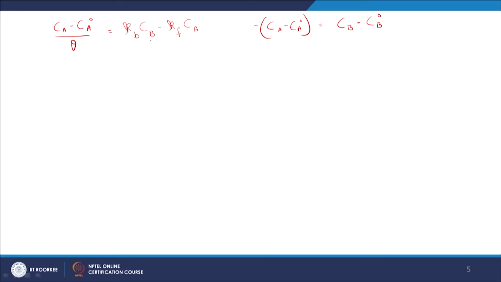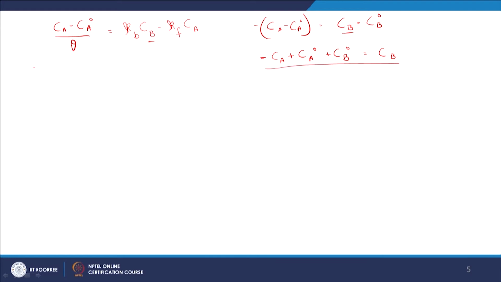So, what do I need to calculate? I need to calculate Cb. So, Cb is going to be minus Ca plus Ca naught, plus Cb naught. Let us see if I made any petty mistakes please. I just took the Cb naught term to the left hand side and opened up the brackets, minus Ca and plus Ca naught, looks like I am on the right track, right.